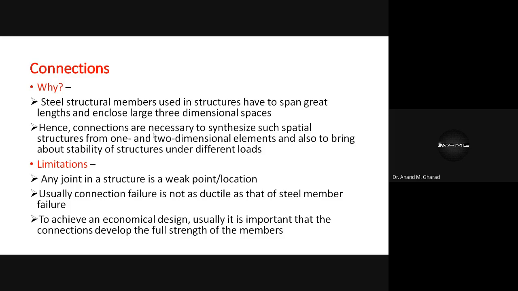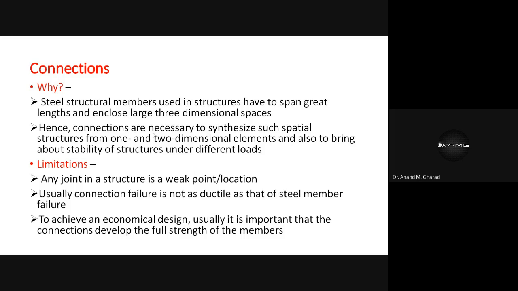Okay. Secondly, usually connection failure is not ductile as that of the steel member failure. Try to understand this point. Okay, just keep this statement in mind. What it says, usually connection failure is not as ductile as that of steel member failure. To summarize this, I will just tell you one thing, that this joint or this connection is very small compared to the overall length of the other members which are getting connected with each other.